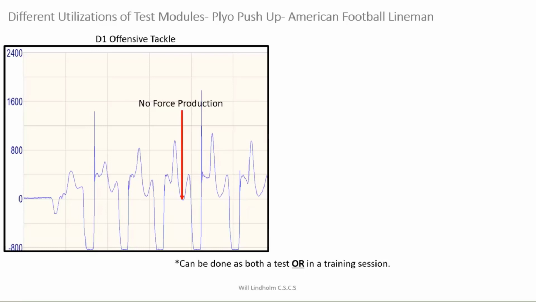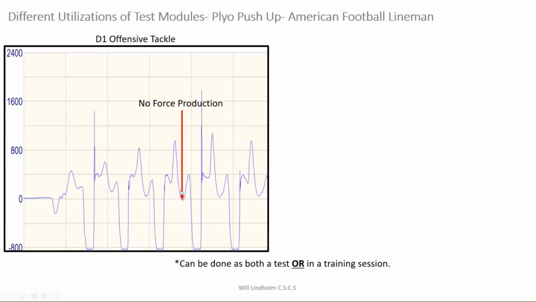What I did is I had these athletes do 6 power or plyo push-ups. So you're looking at the same thing as a countermovement jump. Right here is the initial push, and then this is a drive up. And they catch themselves here, initial push, and then drive up. This is a regular college offensive tackle.